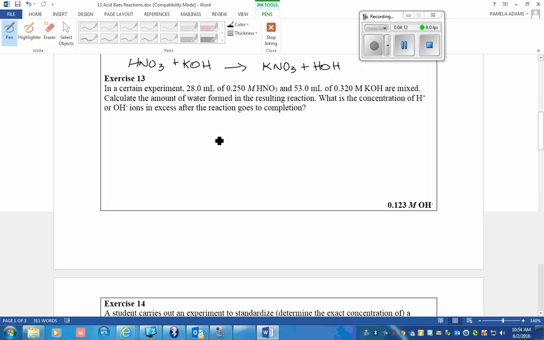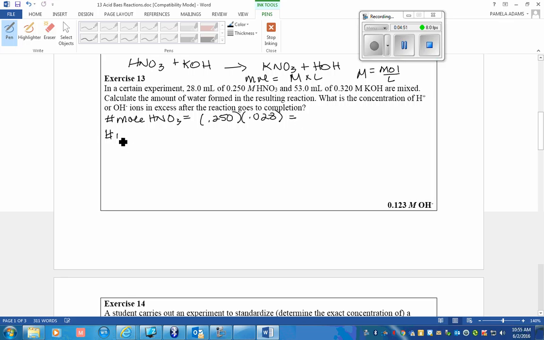When we're doing a stoichiometry limiting reactant problem, we cannot use molarity, we use moles. So I need to know the number of moles. Let's recall, if molarity is equal to moles divided by liters, moles should be equal to molarity times liters. So the moles of HNO3 are 0.250 molarity times 0.028 liters.